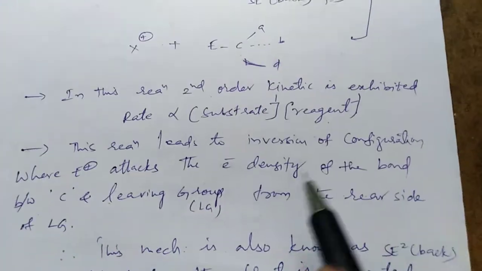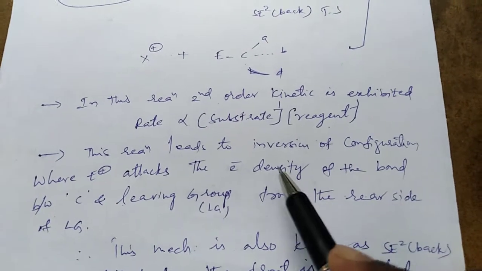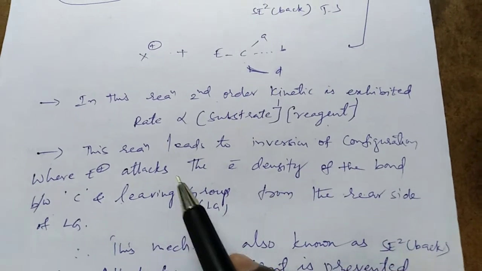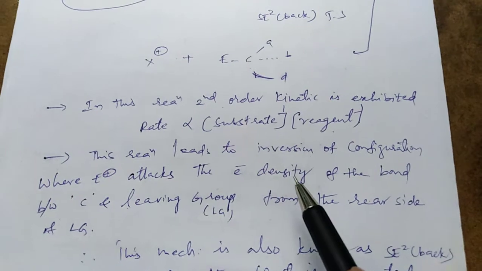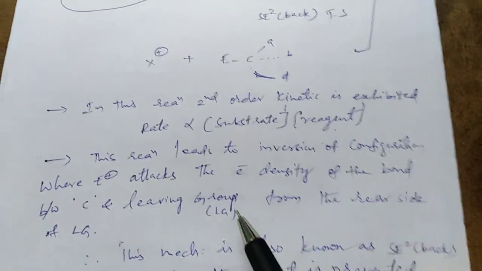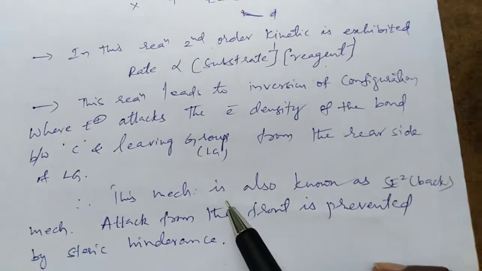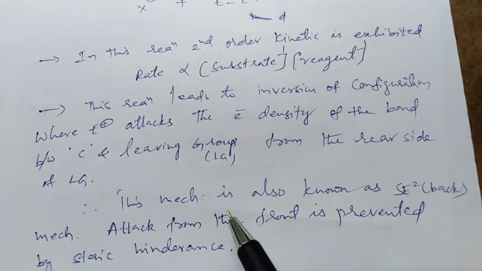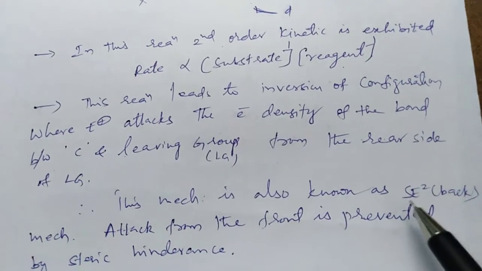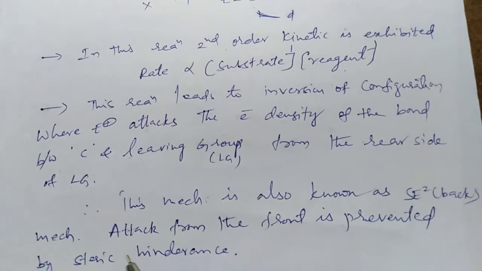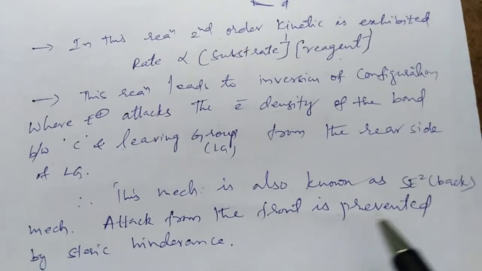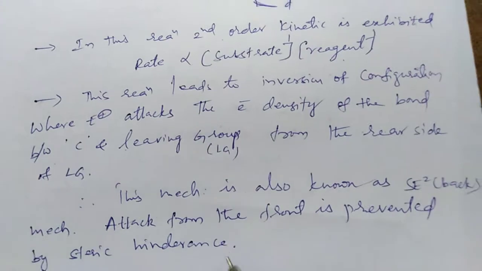This reaction leads to inversion of configuration where electrophile attacks the electron density of the bond between carbon and a leaving group from the rear side of the leaving group. Therefore, this mechanism is also known as SE2 back mechanism. Attack from the front is prevented by steric hindrance.